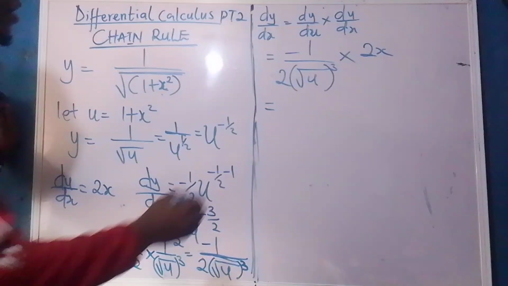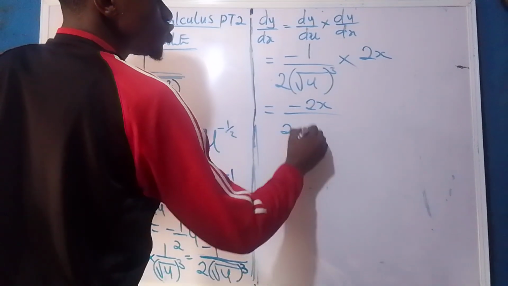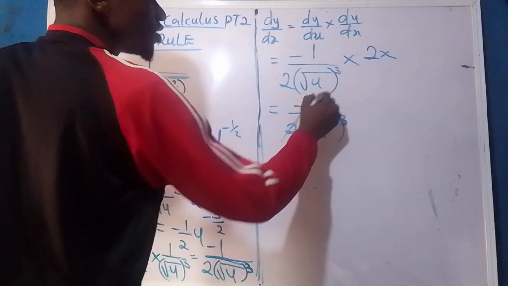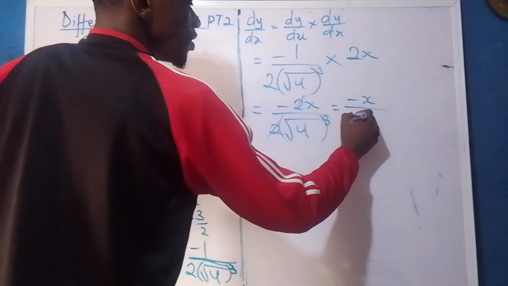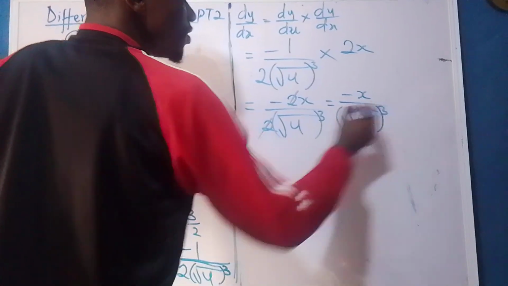So if further simplified, we are going to be having minus 2x over 2 root u all raised to the power of 3. So 2 cancels 2. We're left with minus x over root u raised to the power of 3.